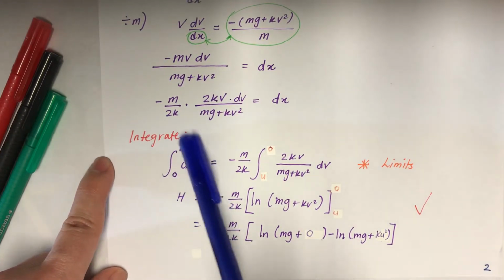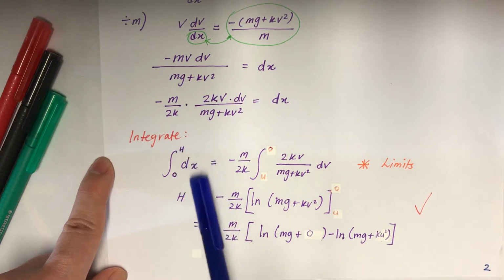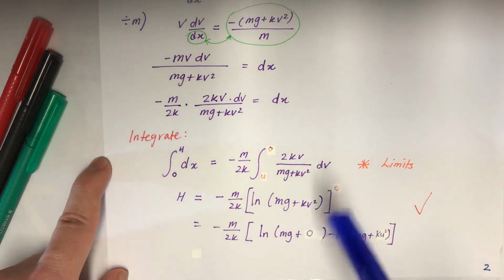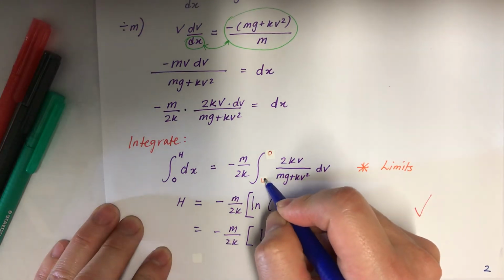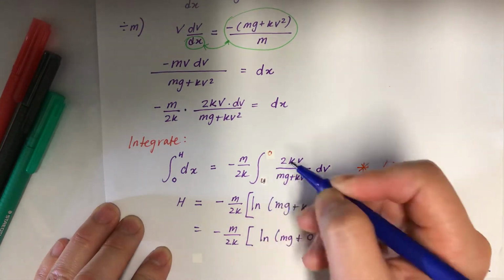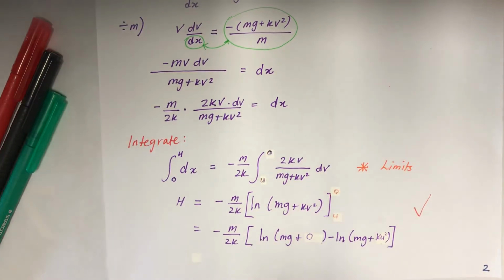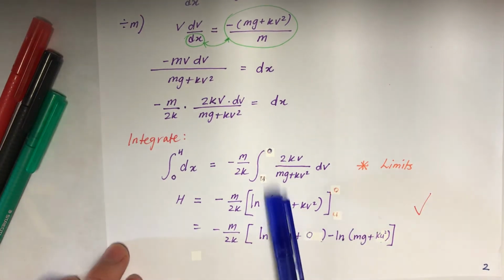Now this is the part where we have to be very careful about limits. The displacement obviously deals with 0 and capital H, but the velocity needs the little u and reaches 0. Hopefully you can read it carefully.